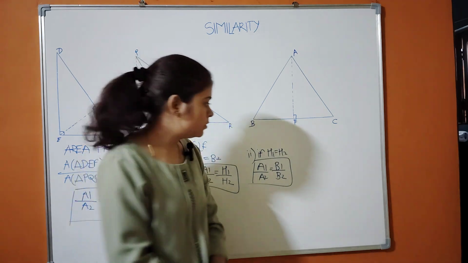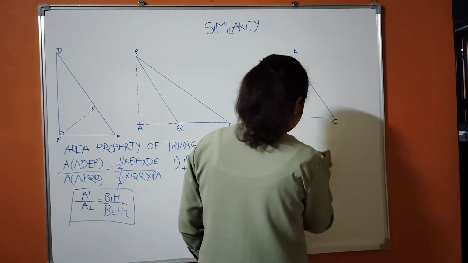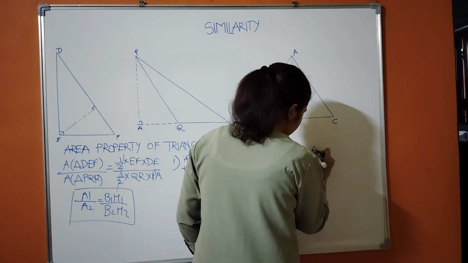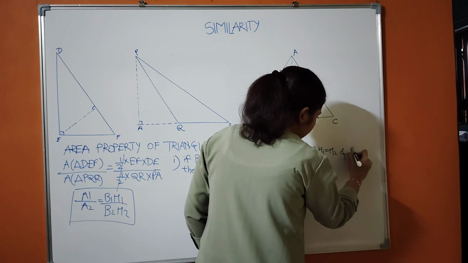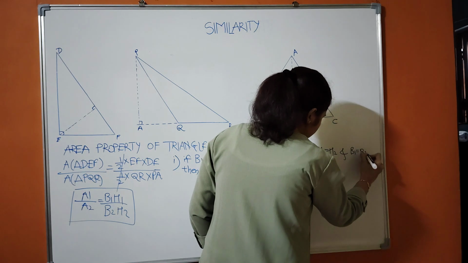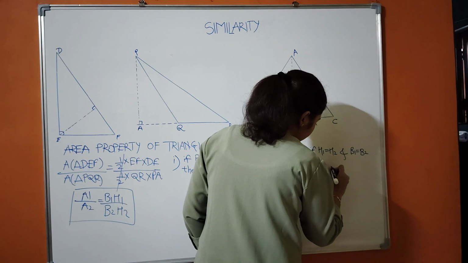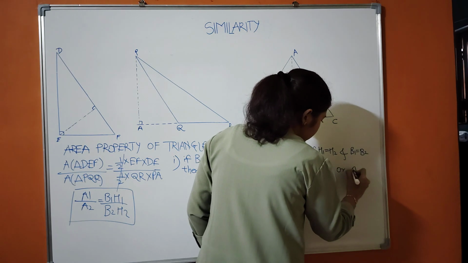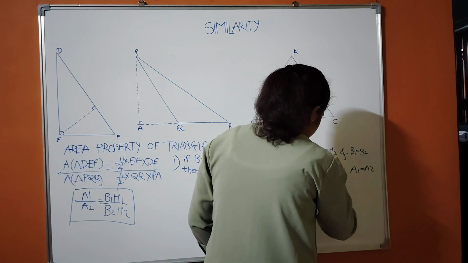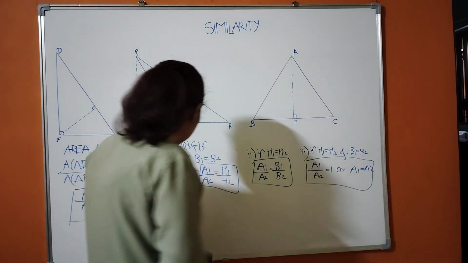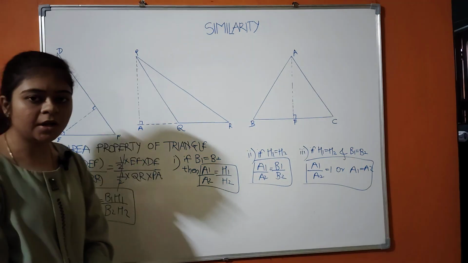No, 1. Third property, if H1 equals H2 and B1 equals B2, then A1 upon A2 equals 1, or A1 equals A2. These are the three sub-properties of the area property of the triangle.